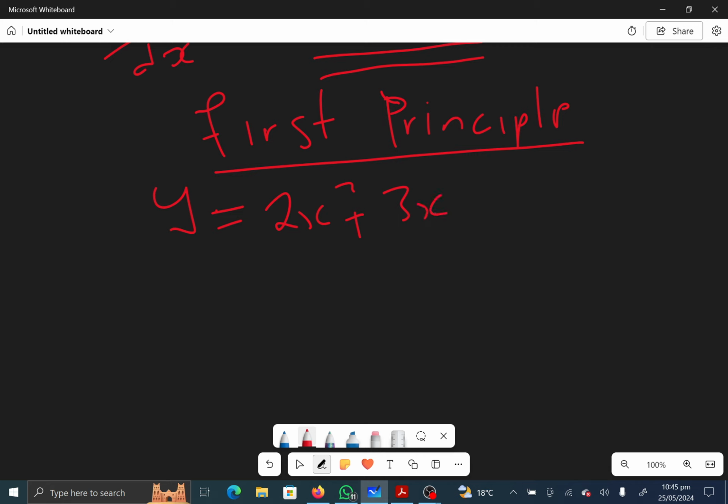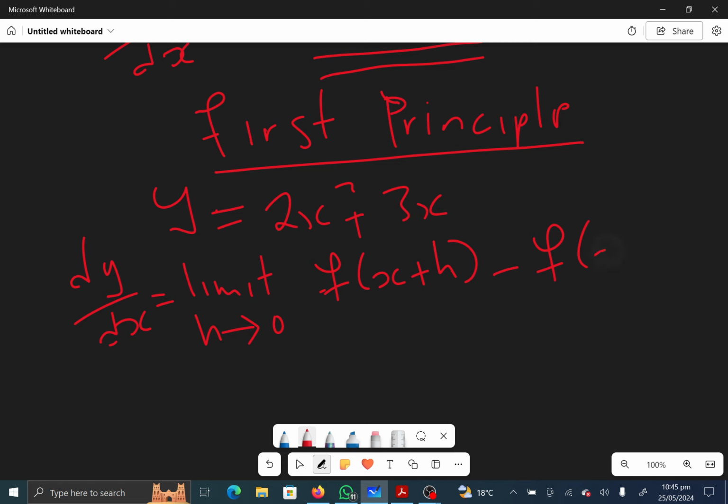According to the first principle, dy over dx is equal to the limit as h tends to 0 of f of x plus h, minus f of x, all over h. So this is the formula when we are using the first principle.